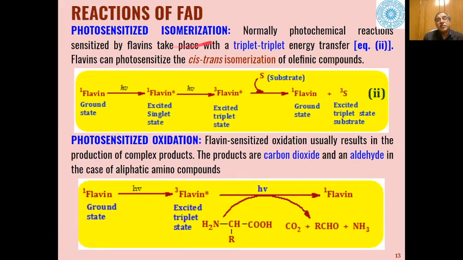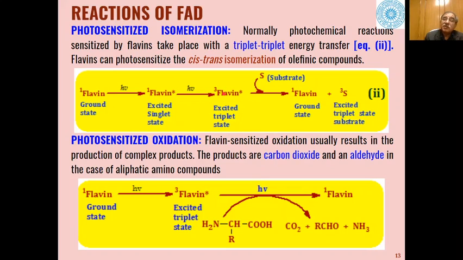Then photosensitized isomerization can also take place, that when flavins in the ground state, they are irradiated with UV light, they will first be converted into excited singlet state, and then this excited singlet state will be converted into excited triplet state.